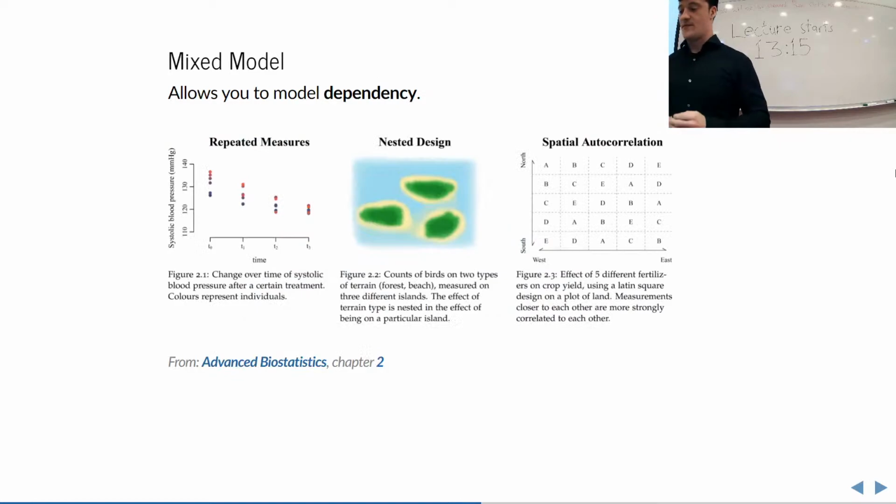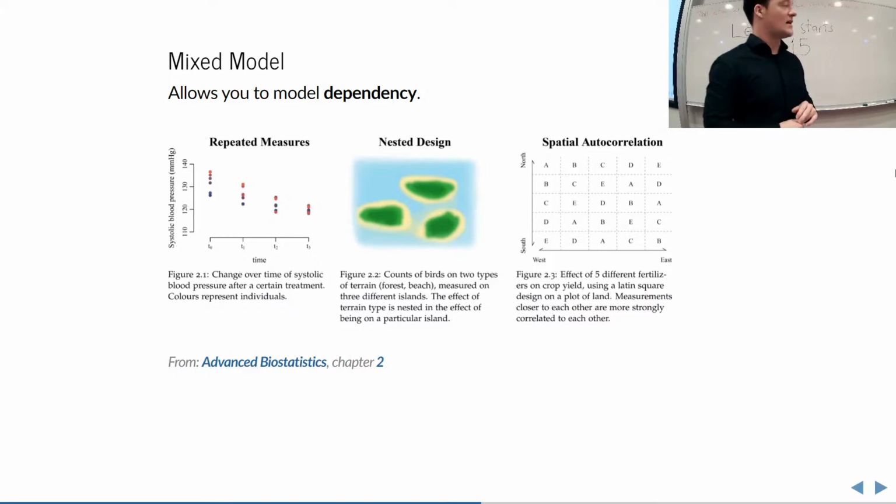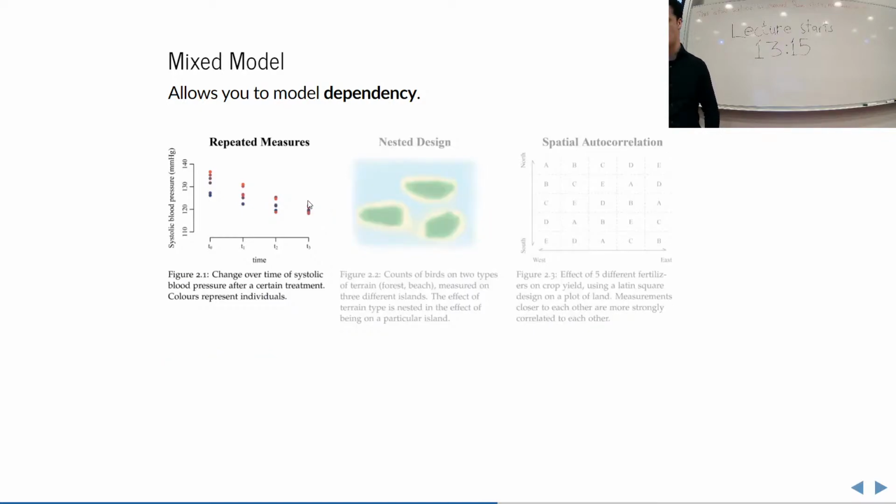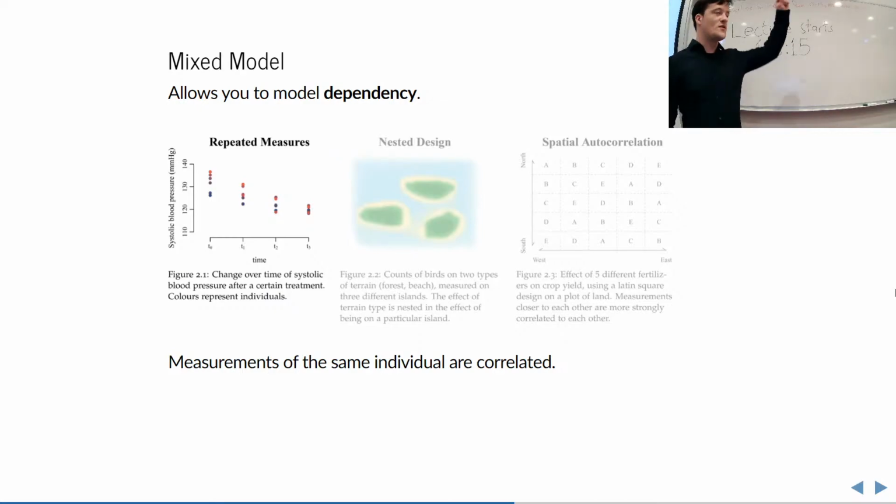Okay, so what is then the big subject that we're going to cover in the advanced statistics course, so not basic? That is the mixed model. And as I already said several times now, it allows you to model dependent data. So I already gave this example where you measure people at several time points. If you measure the same people, then those measurements are correlated. If you start with a very high blood pressure, then you're going to end up slightly higher, probably.